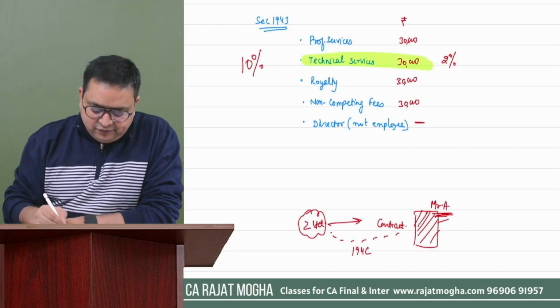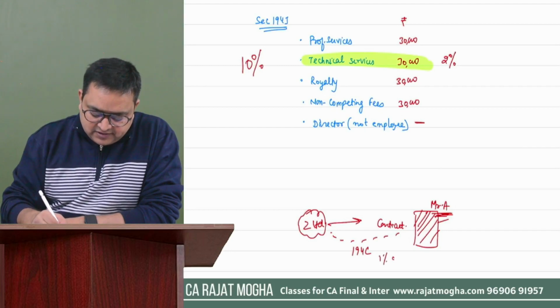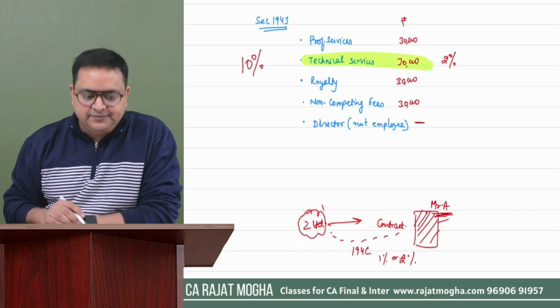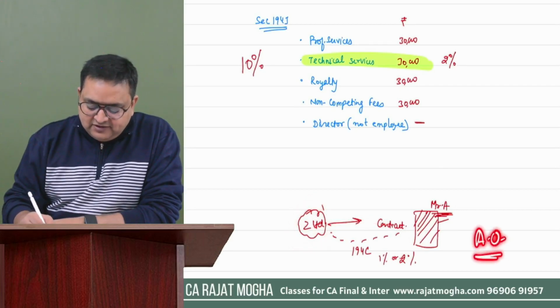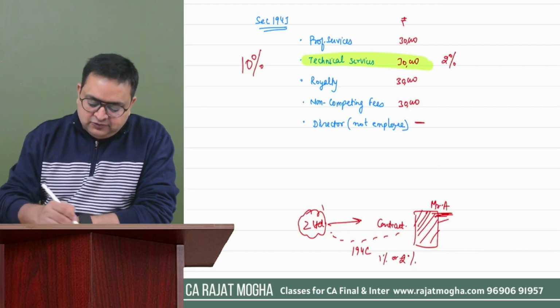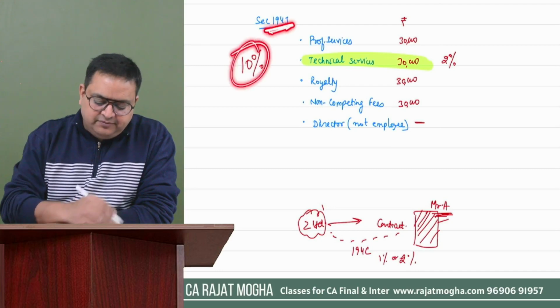Okay. So in 194C, the TDS rate was 1% or 2%. So what was Z Limited saying? Z Limited was saying that we will deduct TDS under section 194C. But what was the AO saying? Assessing officer was saying, no, no, no. This is technical services. You are getting technical services. So it will come under section 194J, 10%.